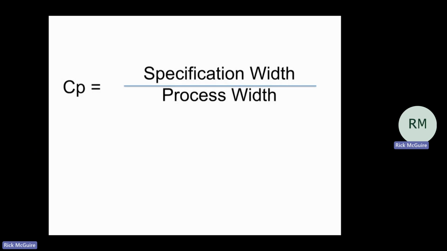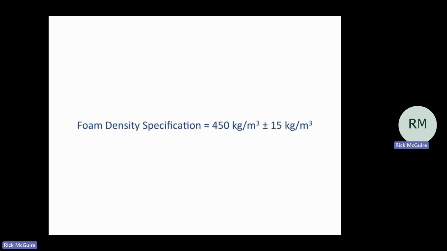We'll start by calculating the numerator, the specification width. In the example of our foam seat, our specification density, we'll say, is 450 kilograms per cubic meter plus or minus 15 kilograms per cubic meter. That's the specification given to us by the design engineers. 15 is the tolerance, so plus or minus 15 from the nominal of 450.